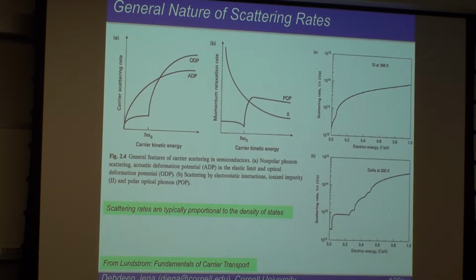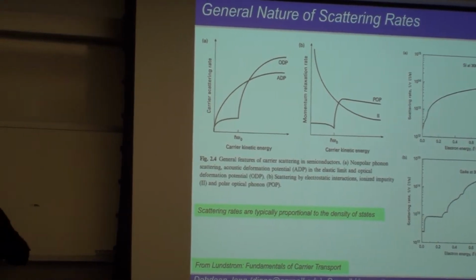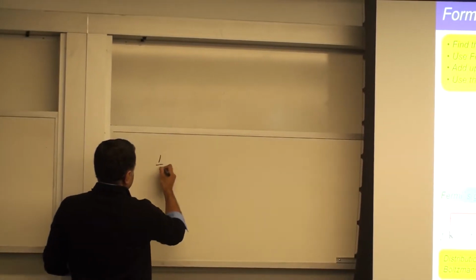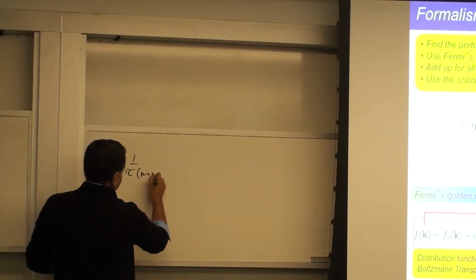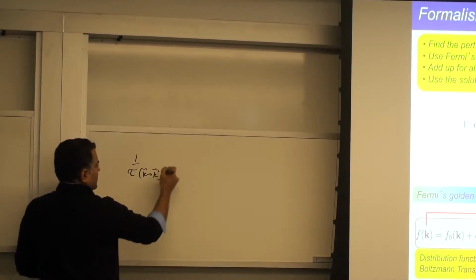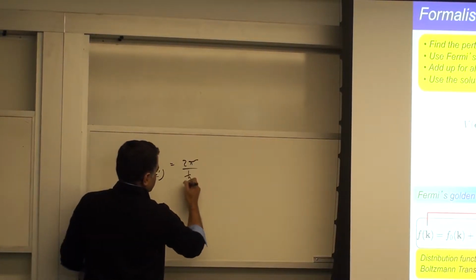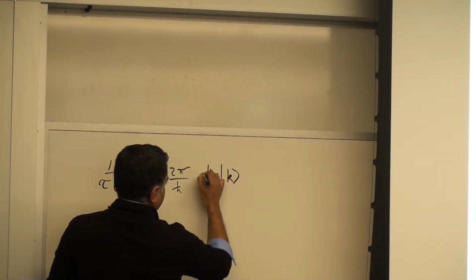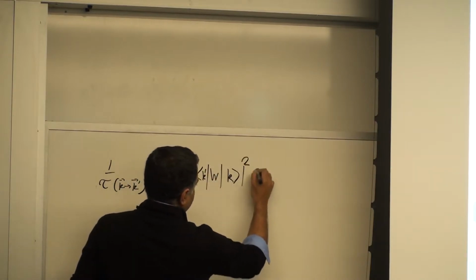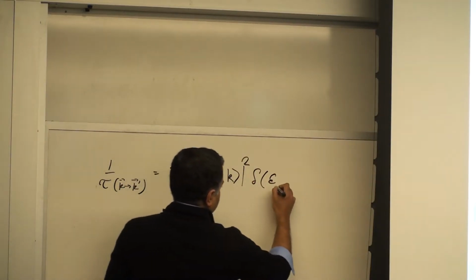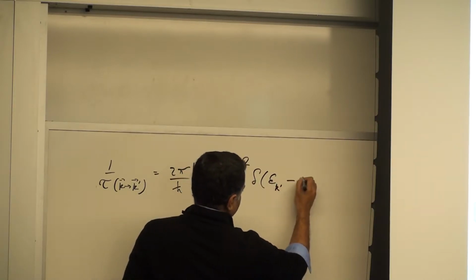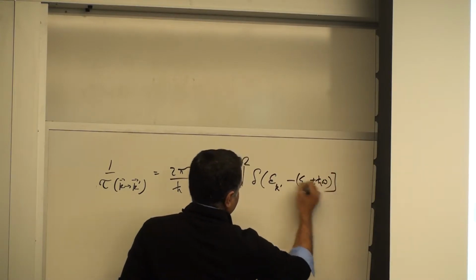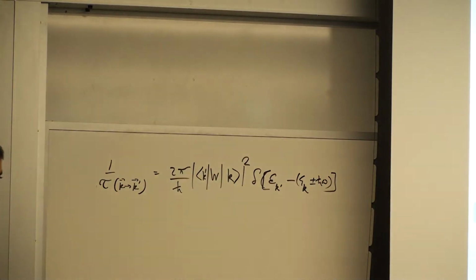We have also written down that the scattering rate, as given by the golden rule, is 1 over tau, from k to k prime, is 2 pi over Planck's constant, times the k scattering potential k prime whole squared, and then you have your Dirac delta function that conserves the energy, final minus initial, plus or minus h bar omega, where I'm accounting for the fact that there may be phonon absorption or phonon emission as well.